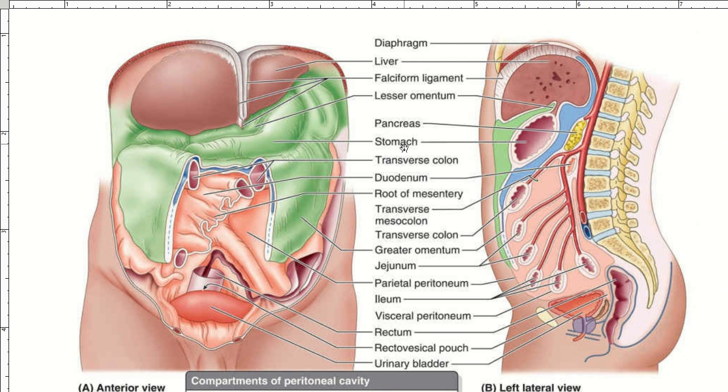Right, so let us go through a summary, right? So this is your greater sac in green. This is your lesser sac in blue, right? So the lesser sac also has borders, a posterior border and an anterior border.